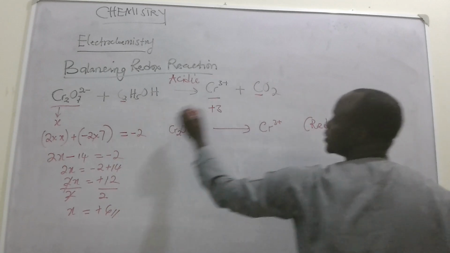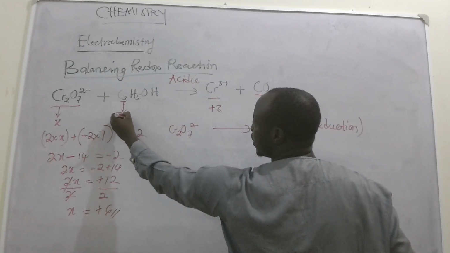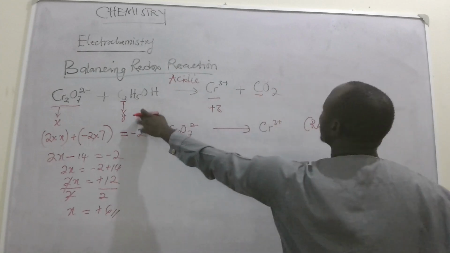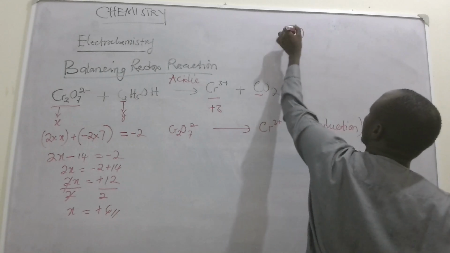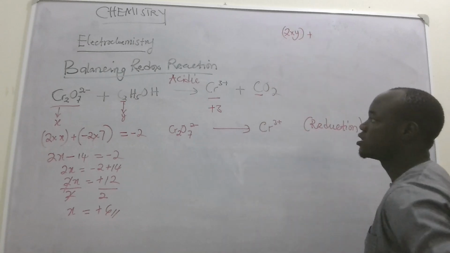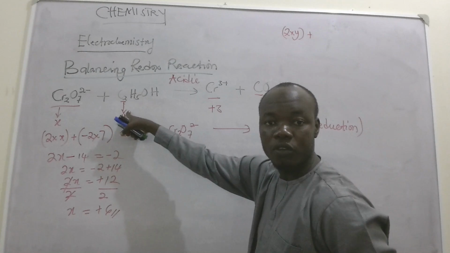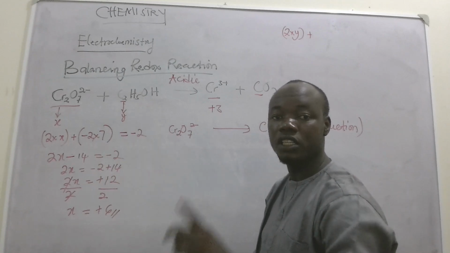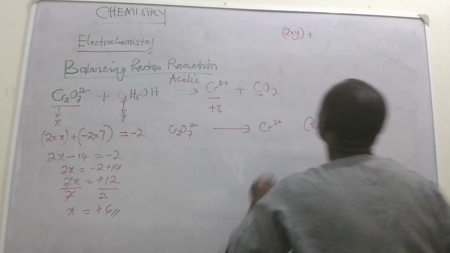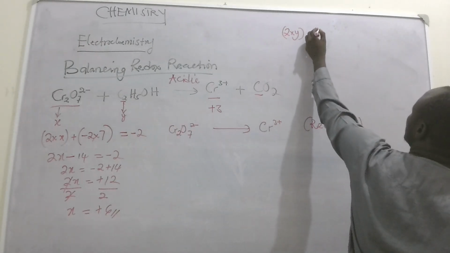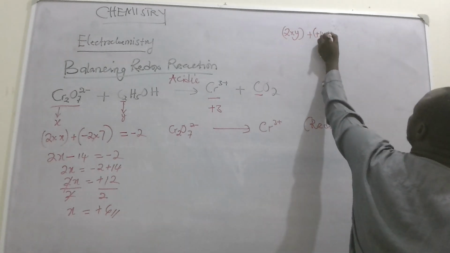Here, let's take the oxidation number of carbon as y. We have 2 carbon, so we have 2 times y, we open bracket, close bracket, then plus. We have 5 hydrogen, and the oxidation number of hydrogen is plus 1, so plus 1 times 5.